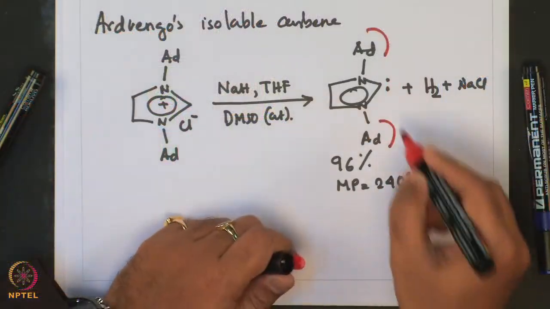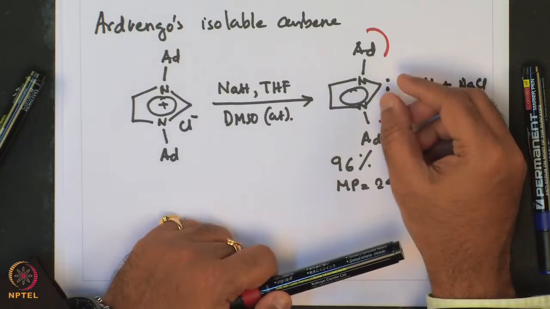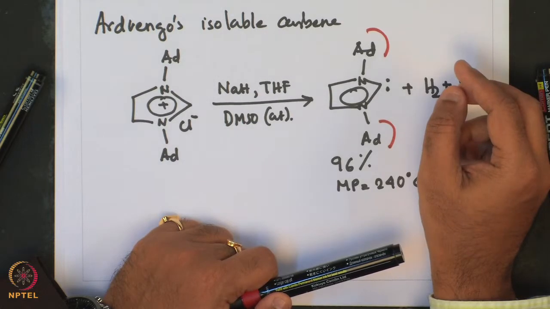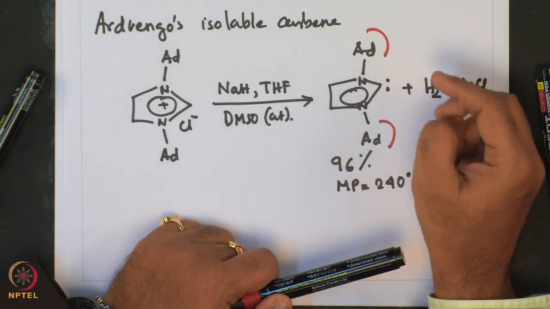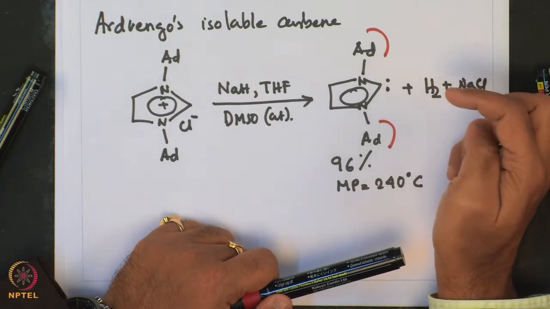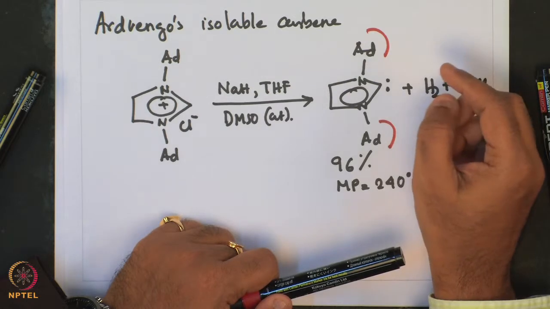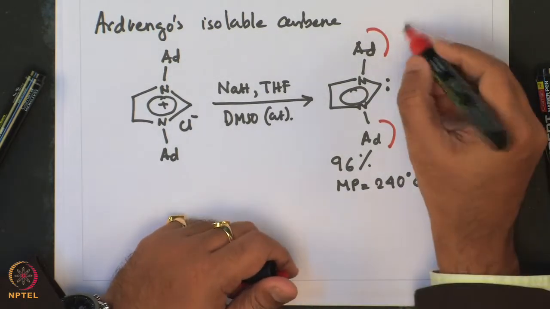First, by putting bulky groups like adamantyl groups around the carbene moiety, which prevented this free carbene from reacting with another moiety to give an olefin. So, this steric bulk was an important milestone in isolating free carbene.